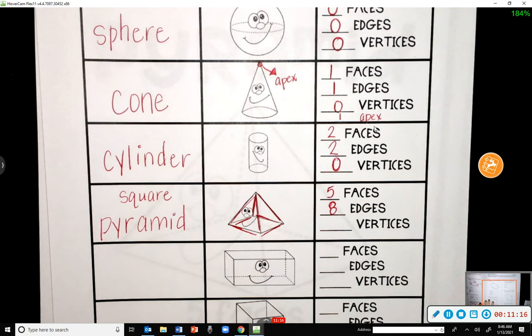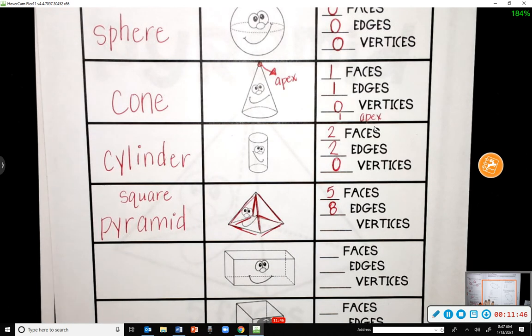And vertices. Okay, so try counting the vertices. Vertices, you're going to be counting the corners where they meet. How many did you get, Allie?